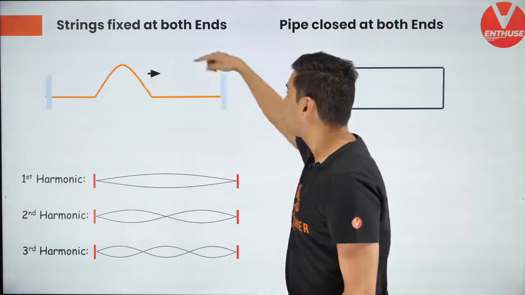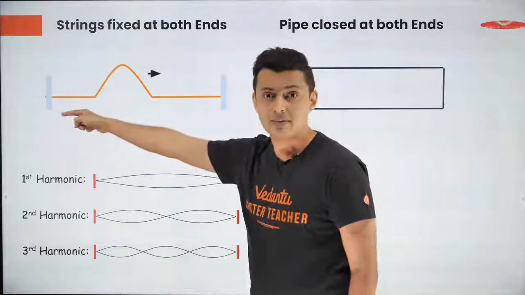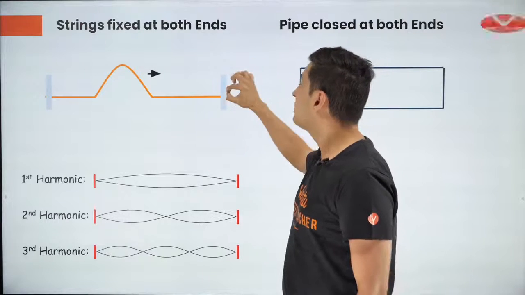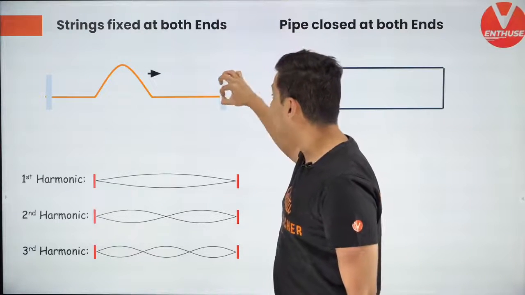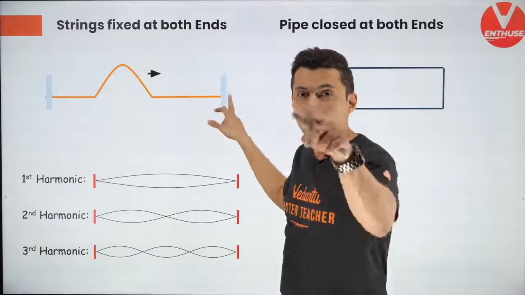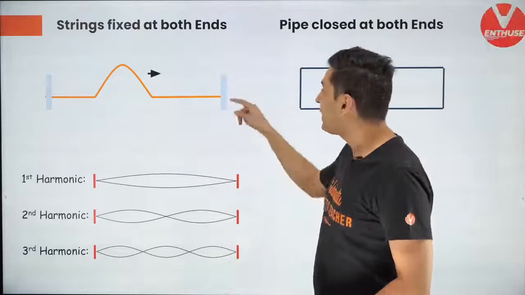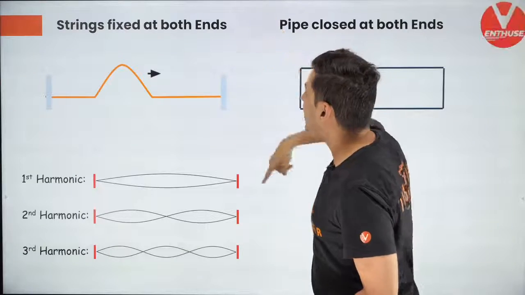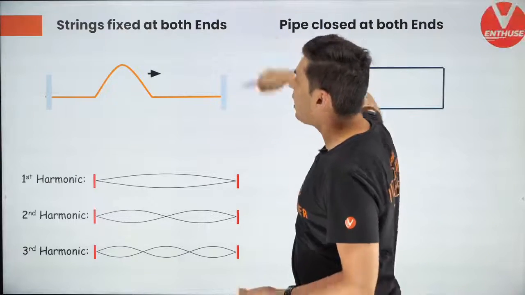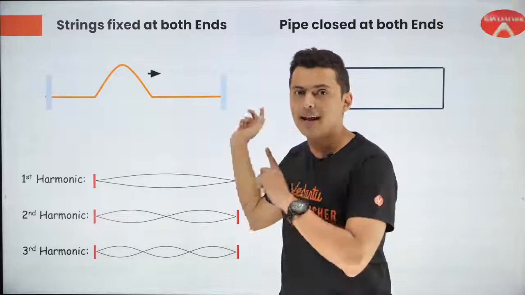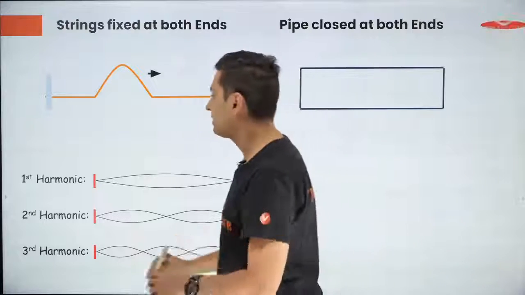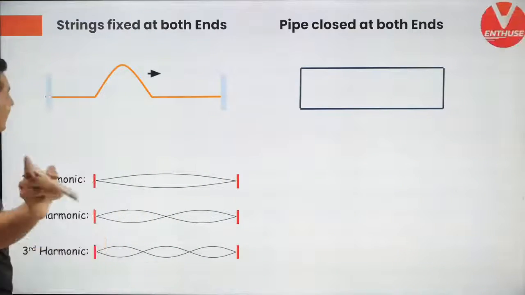So if there are waves coming here and the wave is getting reflected back, this point is constrained not to move. So it will be a node. Similarly, if this end was free, then that point will move up and down by a large amount, and that would be an antinode. Keep this in mind. Now we are discussing the first case.